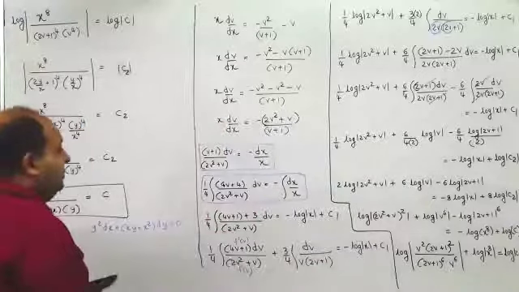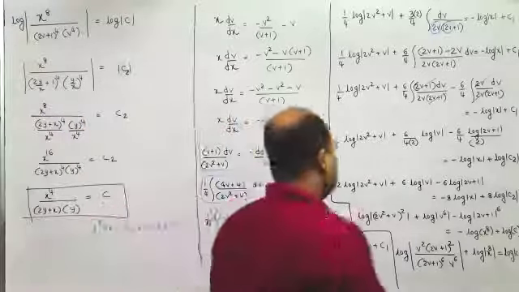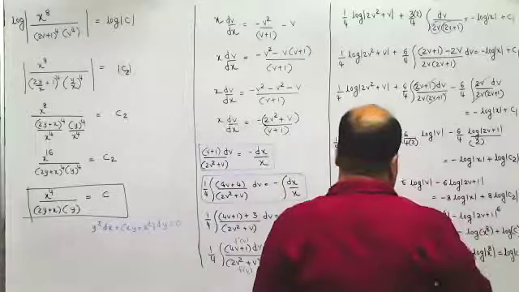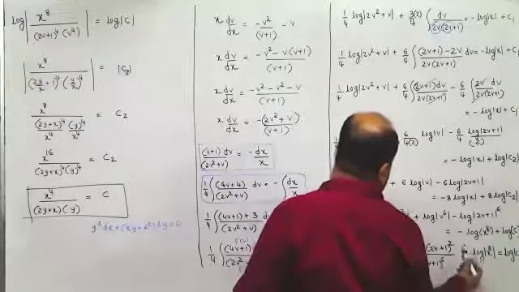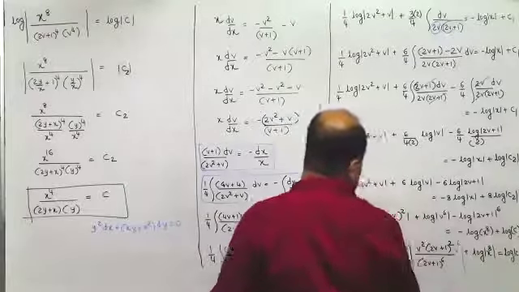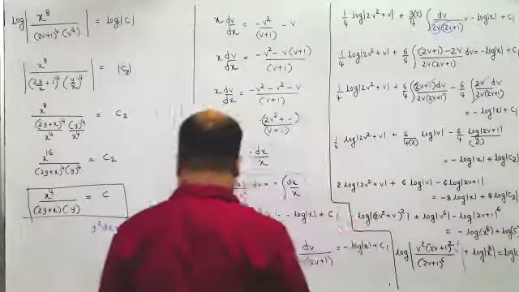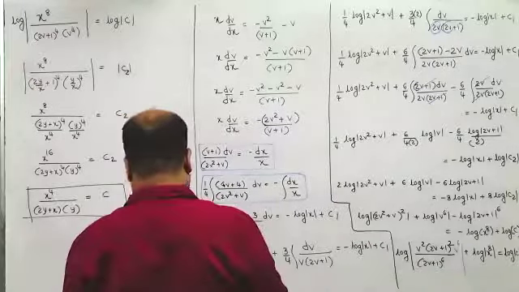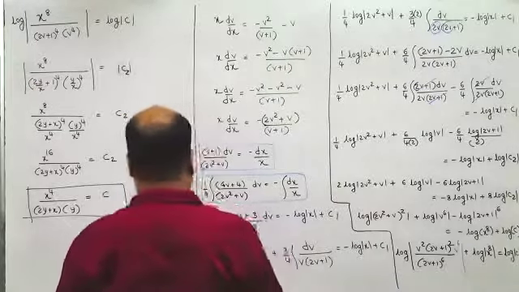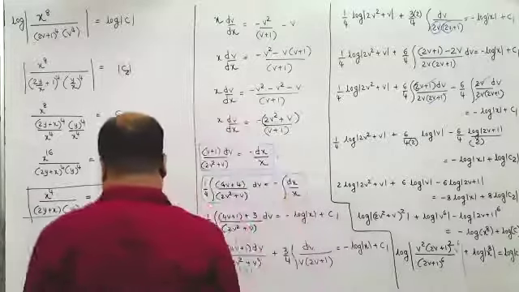It should have been v square into v raised to 6. So this part is correct.